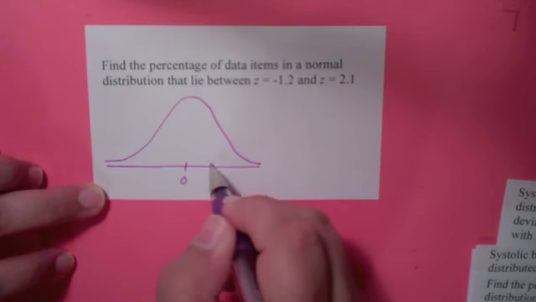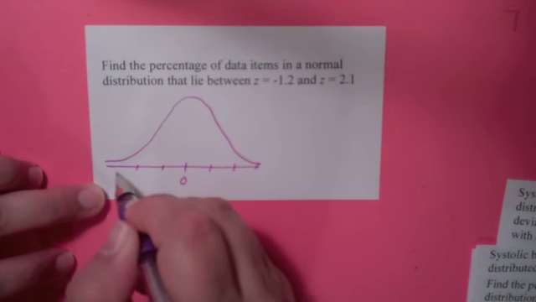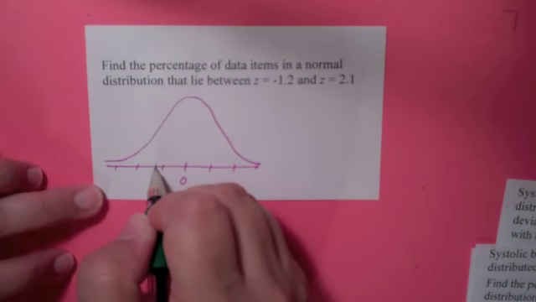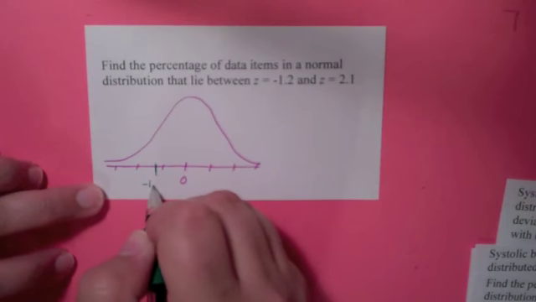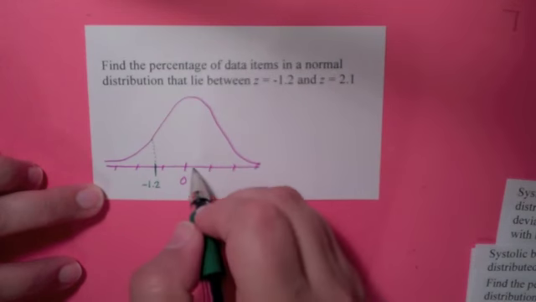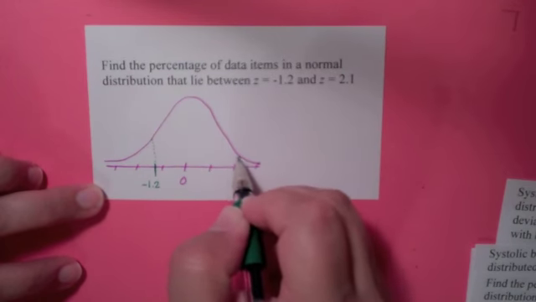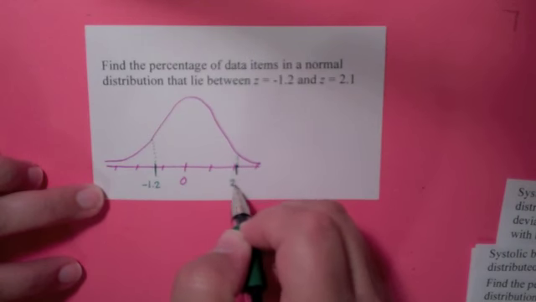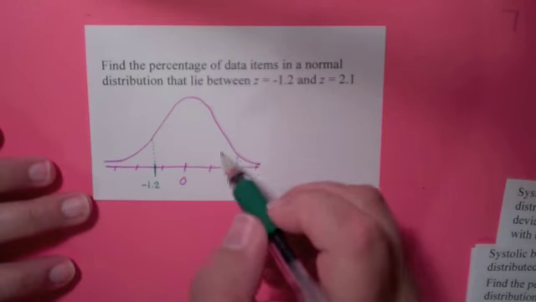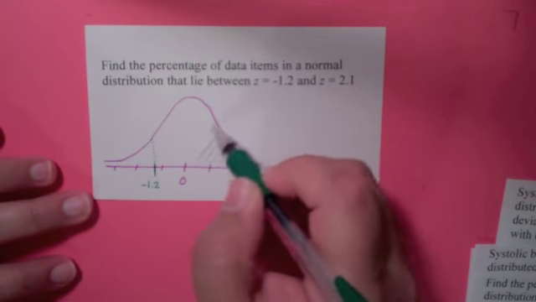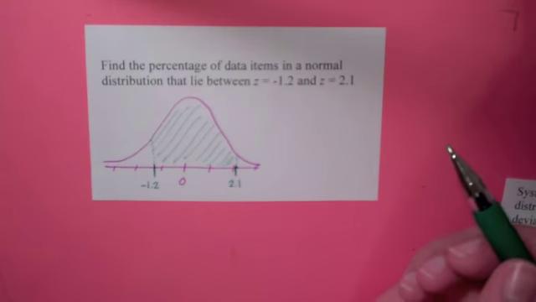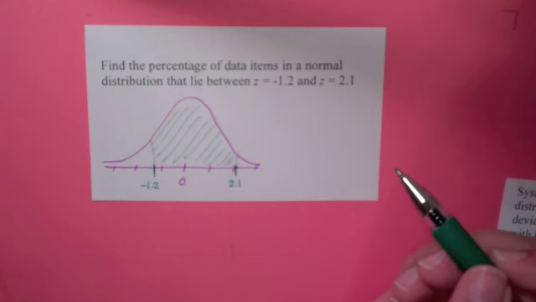Here's 0, 1, 2, 3, -1, -2, -3. -1.2 is kind of about here. 2.1, kind of about here. Notice I don't have to be very precise about those. And I want the area between, which is that area.